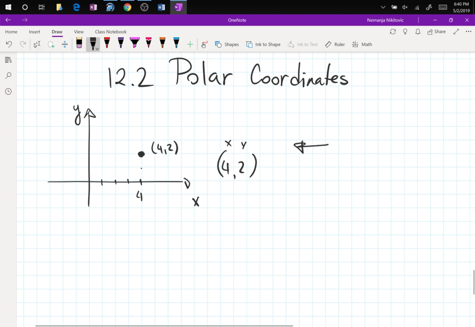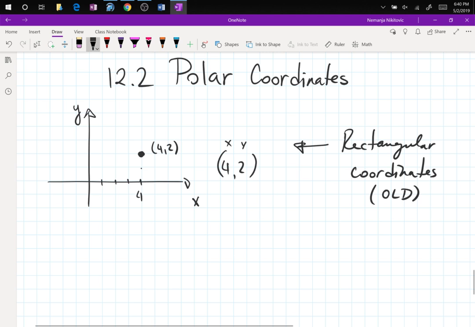I'll put over here rectangular coordinates, and I'll put old, meaning this is what you have been using all the time.